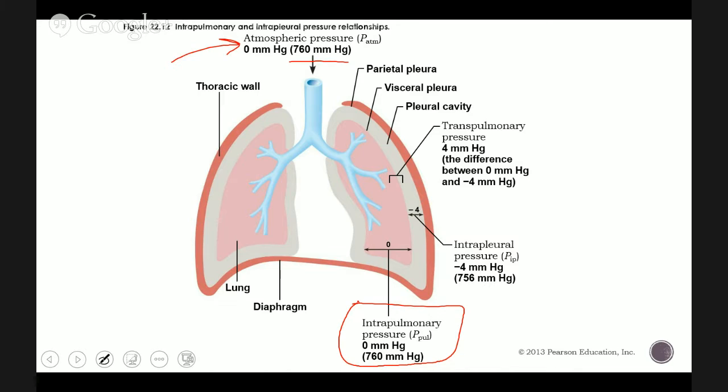This is going to vary, but if no air is moving in or out of our lungs, the pressure of the air pushing against the lungs is also 760 millimeters mercury. The 0 you see here is telling you the difference in pressure between the intrapulmonary pressure and the atmospheric pressure, which right now is the same.